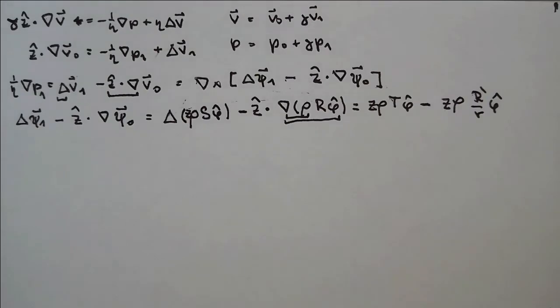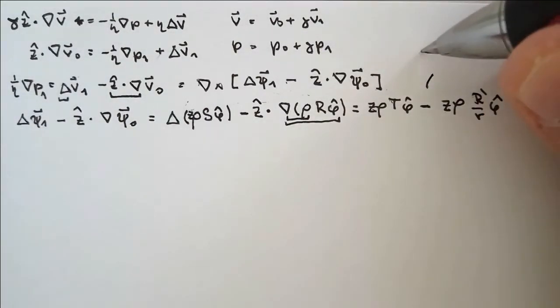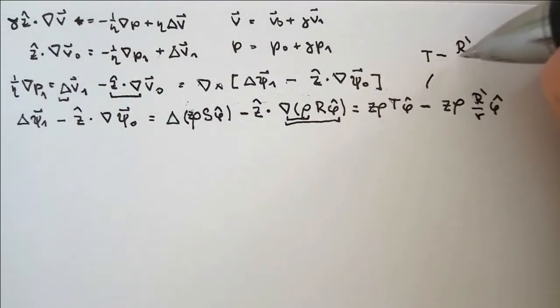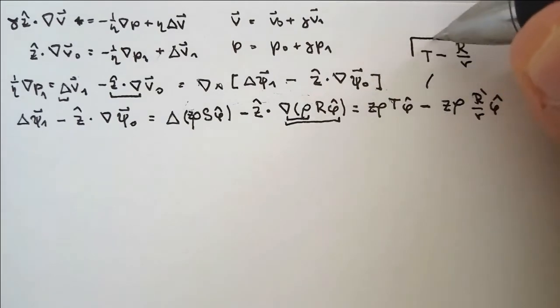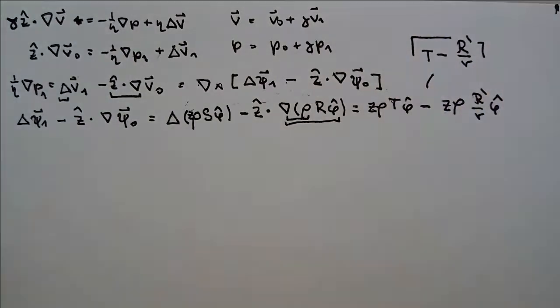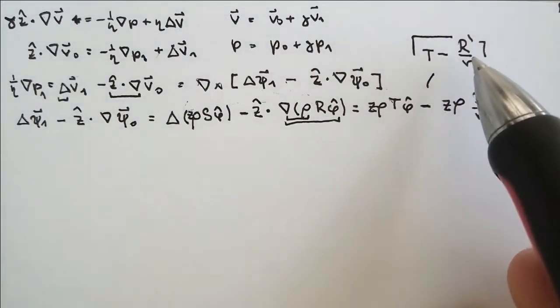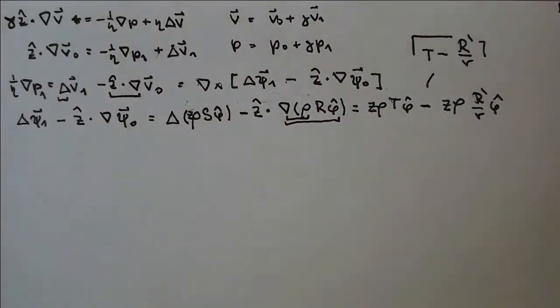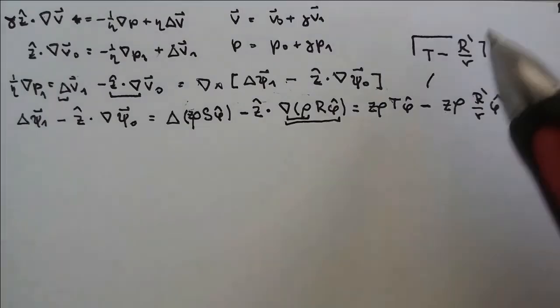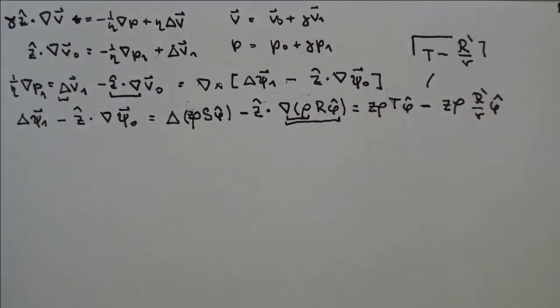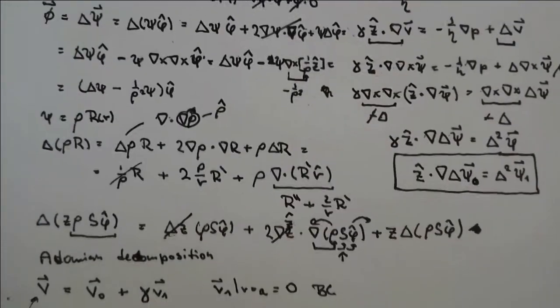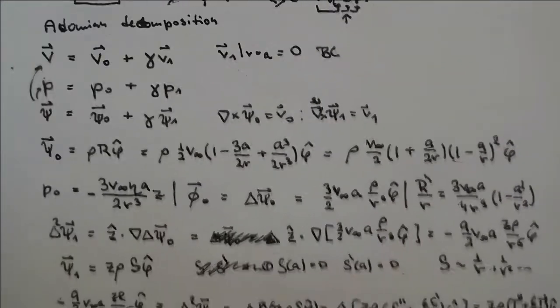So we have to compute t minus r prime over r. Well, I've mentioned that this is going to be important later on. Oh, this is the time for using the formula for r prime. You can use this for r prime over r, and I think I've put it right here.